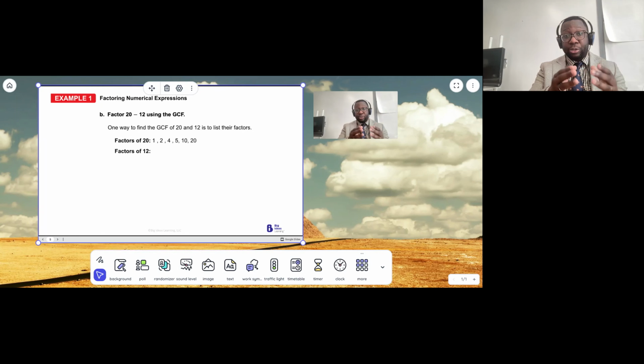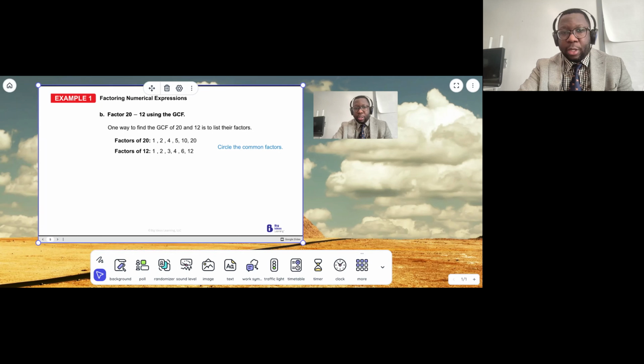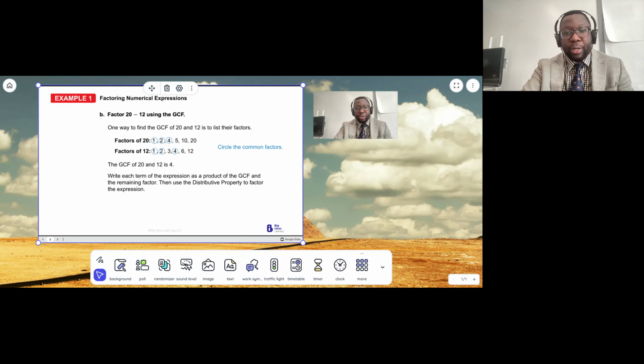What are all the factors for 12? They are 1, 2, 3, 4, 6, and 12. Once again, we look at what are all the factors that they have in common. They're 1, 2, 4. And now we are going to choose the greatest common factor, which happens to be 4. And that's what we're going to pull out to rewrite our expression.